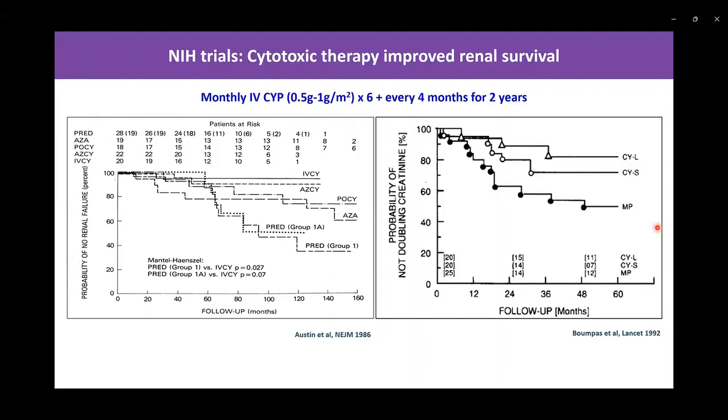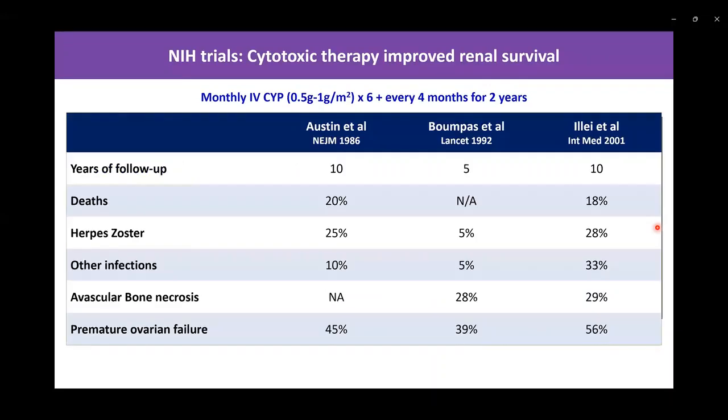So in the last 3 decades ago, a series of NIH trials were done that showed that cytotoxic therapy improved renal survival when compared to high-dose prednisolone alone. But because the dose of cyclophosphamide and prednisolone used in these trials was so high, there was a high rate of adverse events, including premature ovarian failure and other infectious complications.